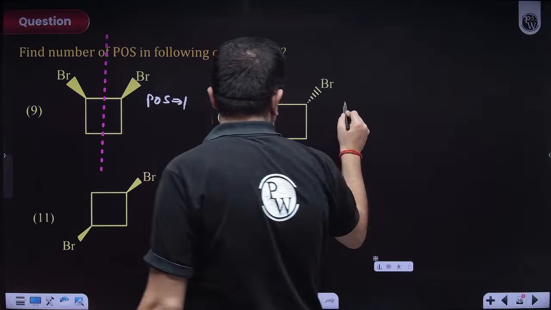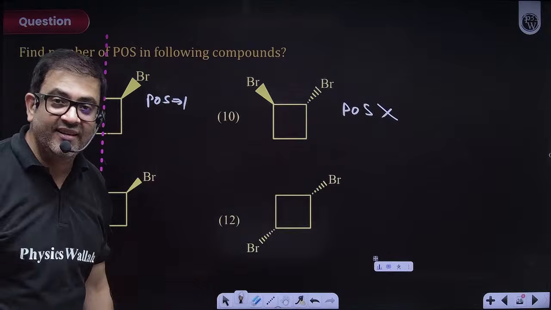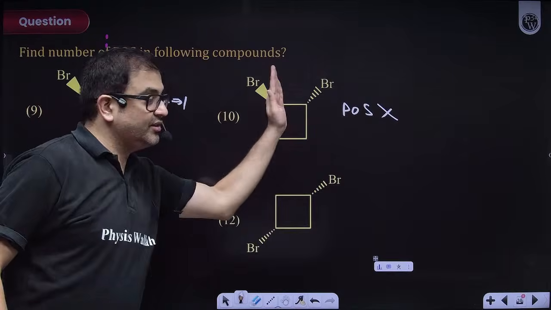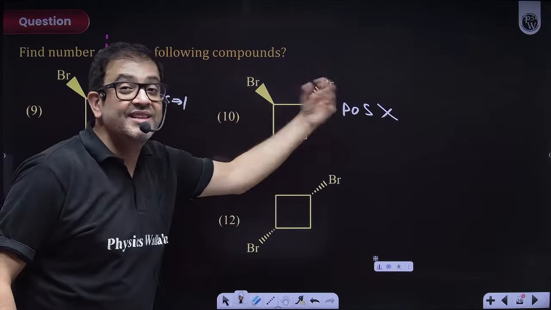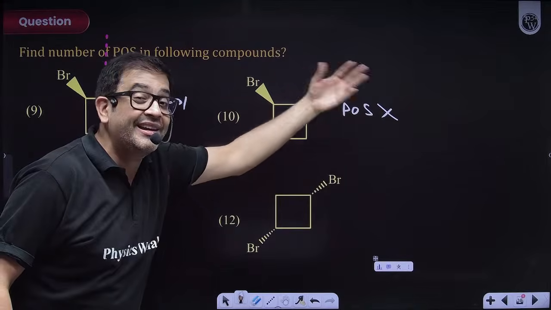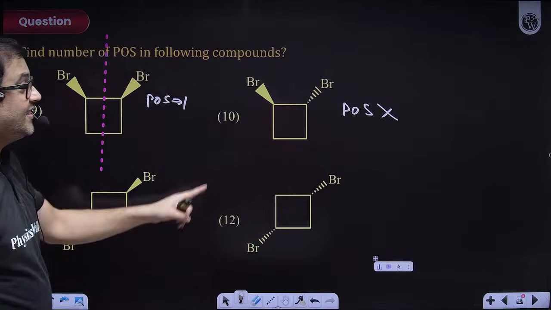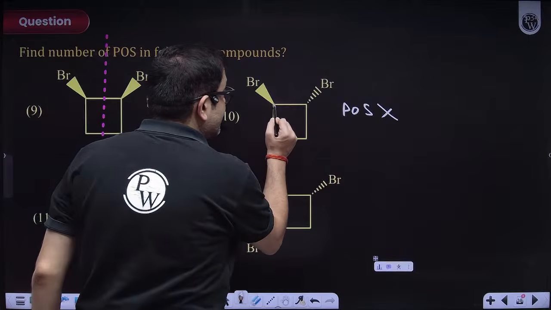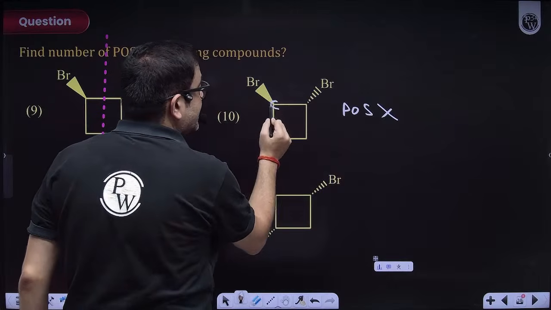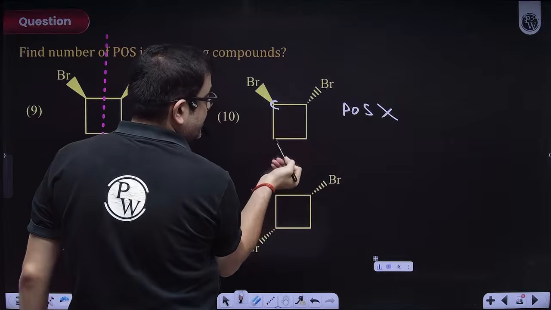Second one, no, sir. This will have no plane of symmetry. Why? Sir, you won't find any plane, because if you just cut along this, this bromine is up, that bromine is down. If you cut along this, it is having bromine up, that is having bromine up, but in another carbon. So it will have no plane of symmetry. That means, sir, this carbon is having one CH3, one bromine, one carbon with the bromine, one carbon with CH2 and one hydrogen.